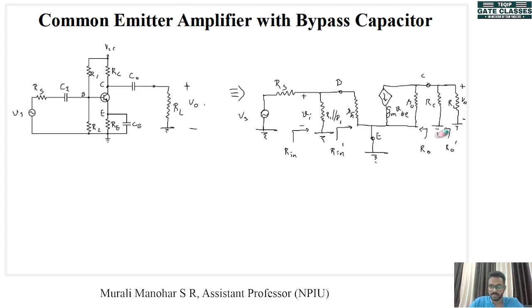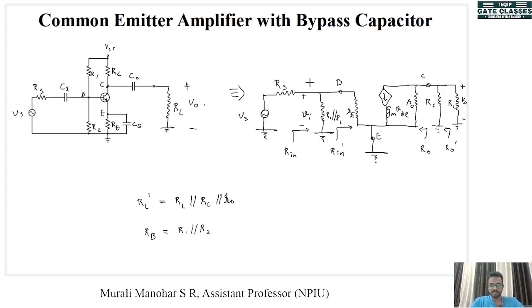Okay. Now let's say RL dash, which is when we look at this from these output terminals, is equal to RL parallel RC parallel RO. Then let's say RB is equal to R1 parallel R2, the combination of this parallel resistance.